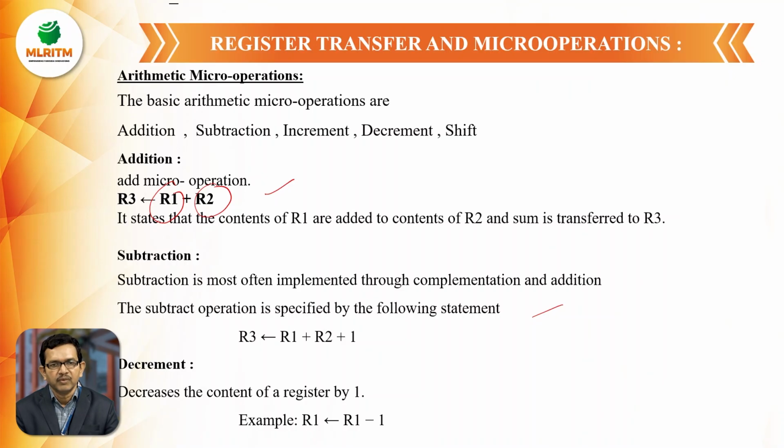So for subtraction, R3 gets R1 plus R2 complement plus 1. This is a complement of addition. When you make a complement of addition, that is considered subtraction. Directly we cannot do R1 minus R2. So likewise, we make the addition and subtraction.